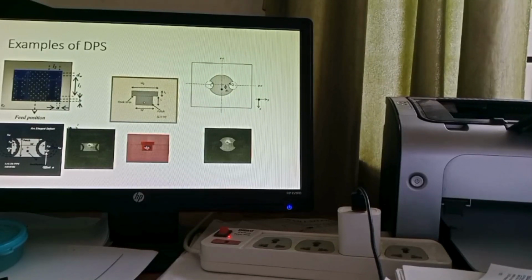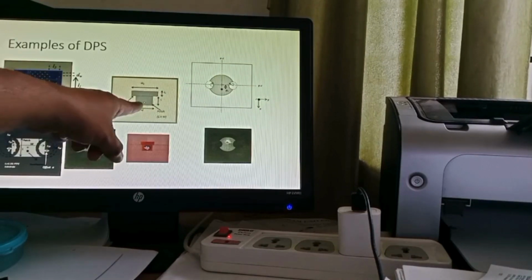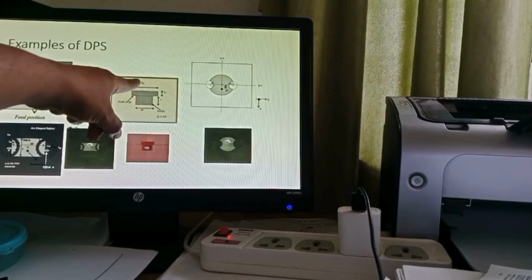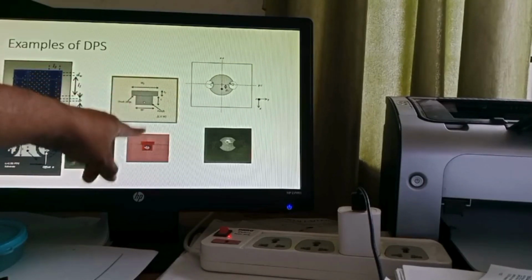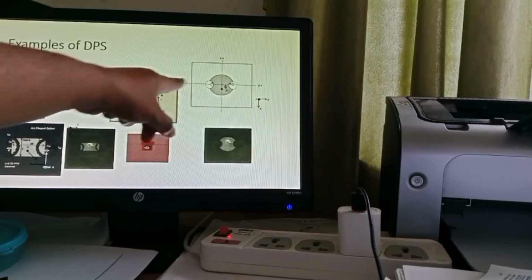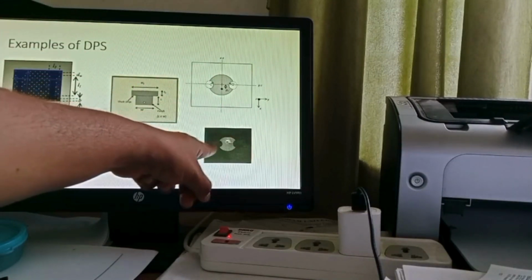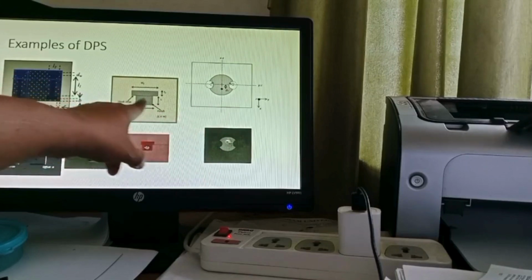Mainly it will affect the fringing profile at the non-radiating sides, where this defected patch surface has been adopted. In the middle picture you can see a deformation of the rectangular patch in the form of a T. It's the fabricated figure here, and in the case of circular geometry, two sides have been cut, and this is the fabricated version.